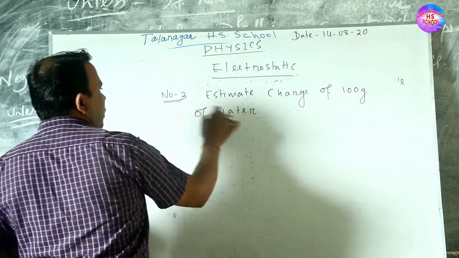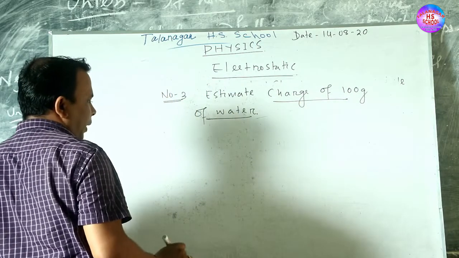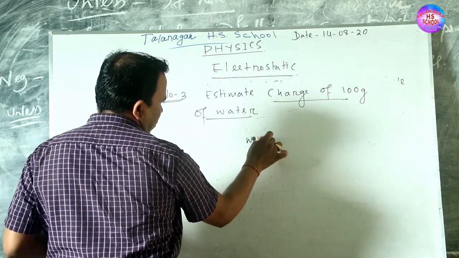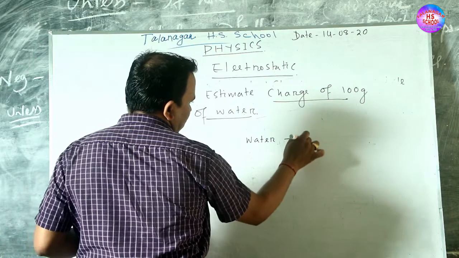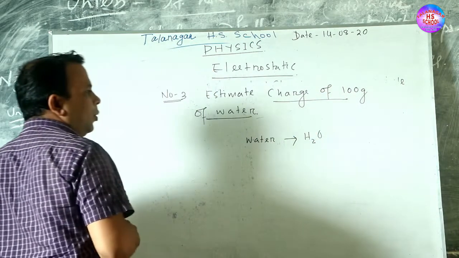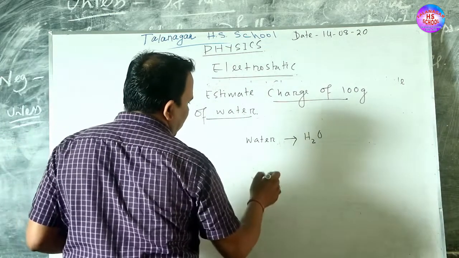We can calculate the total charge on 100 gram of water. Now, water means, we know, H2O.